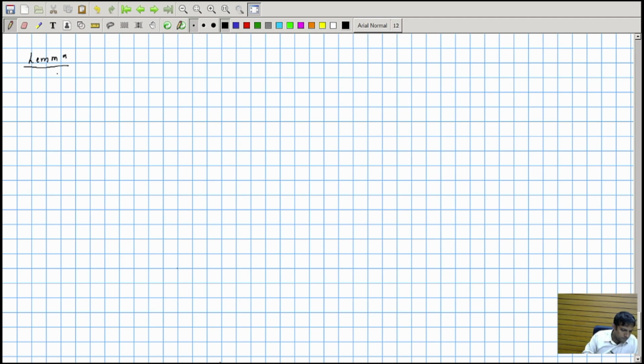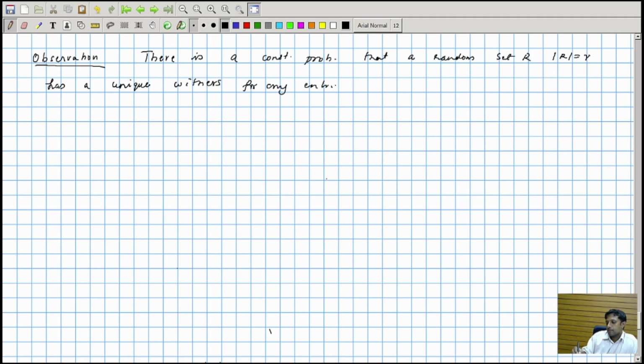We can summarize it by the following observation. There is a constant probability that a random set R of size r has a unique witness for an entry in P with w witnesses, where n by 2r is less than w is less than n by r.